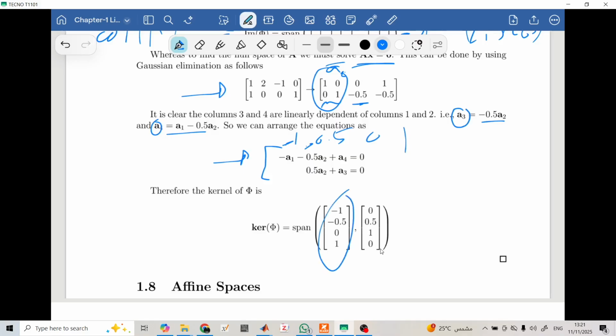So the vector is the coefficients in the first equation, and the same thing here. So you have 0 for A1, 1/2 for A2, 1 for A3, and 0 for A4. Now those two vectors are the basis of the null space. So the kernel of the mapping, or the null space of A, is spanned by those two vectors. You can find those two vectors by using the minus 1 trick mentioned in the book.